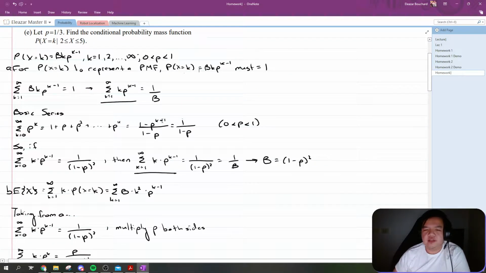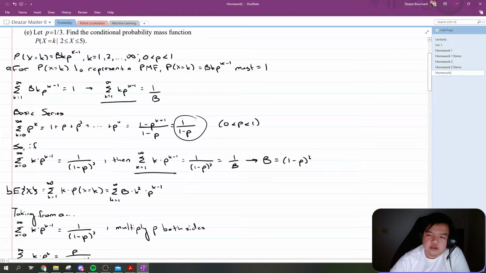If we look at the basic series, we have the summation of p to the k, where k equals 0 to infinity. That gives us 1 plus p plus p squared, and so on and so forth, which equals 1 minus p to the k plus 1 over 1 minus p.